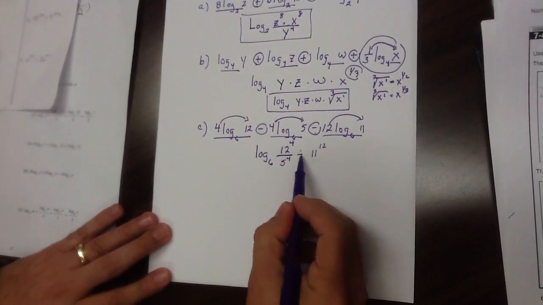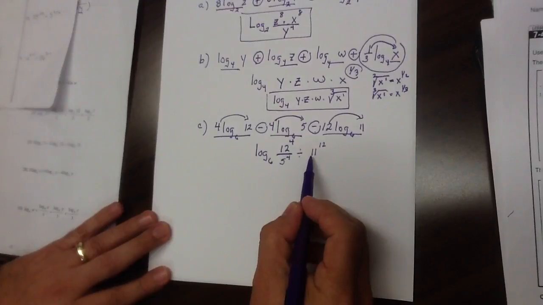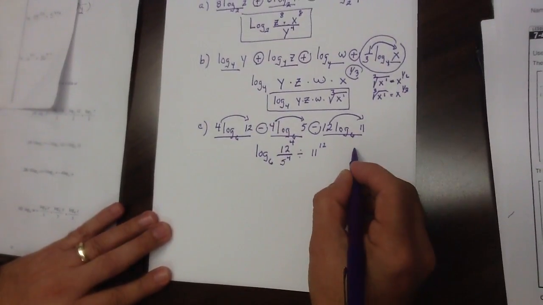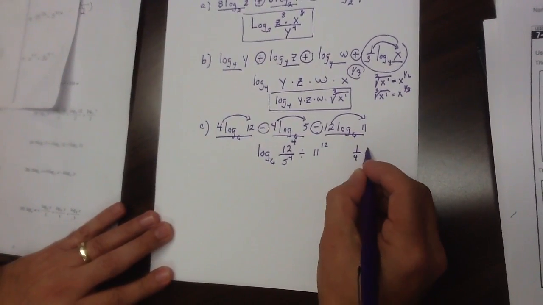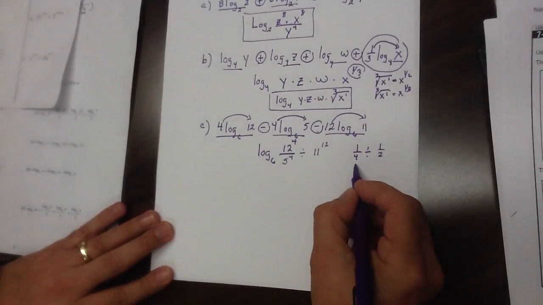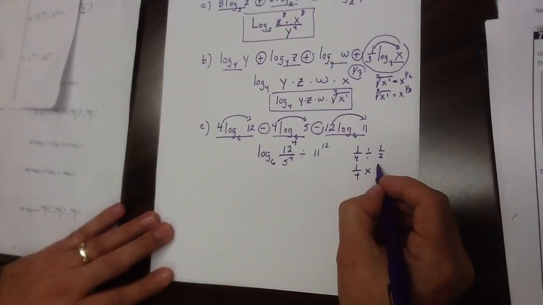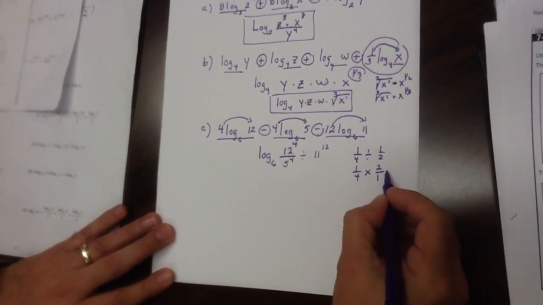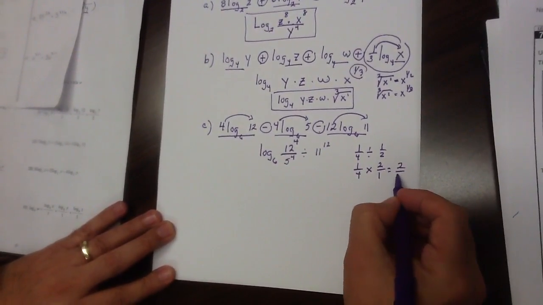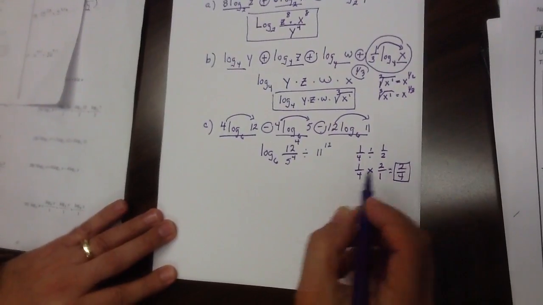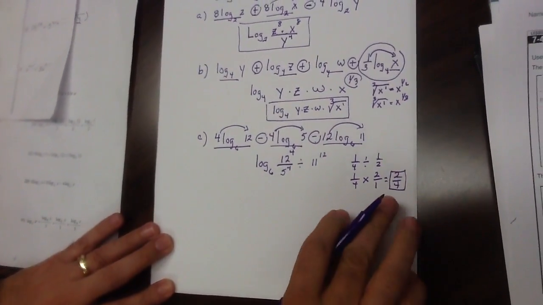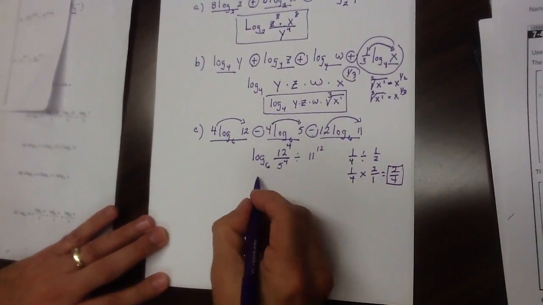When you have two divisions, keep in mind what you did in middle school. When I had a fraction divided by another fraction, we had to invert it, take the reciprocal, 2 over 1. Now I can multiply, so this will be 2 over 4, my final answer. So let's do the same that I did here on this side.